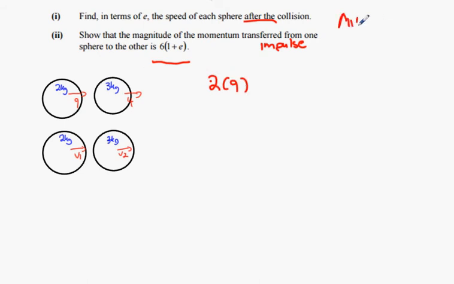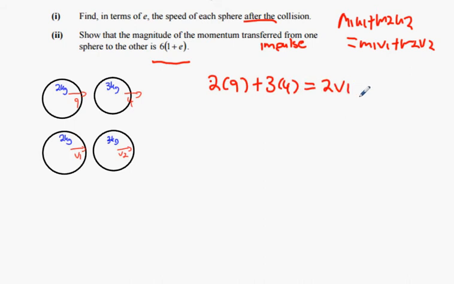M1U1 plus M2U2 equals M1V1 plus M2V2. 2 times 9 plus 3 times 4 equals 2V1 plus 3V2. So 2V1 plus 3V2 equals 30.